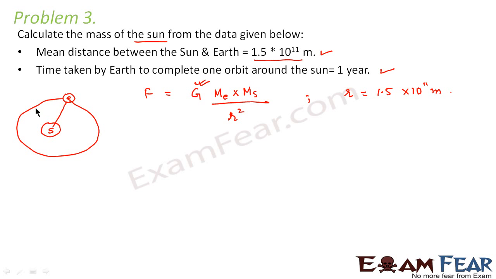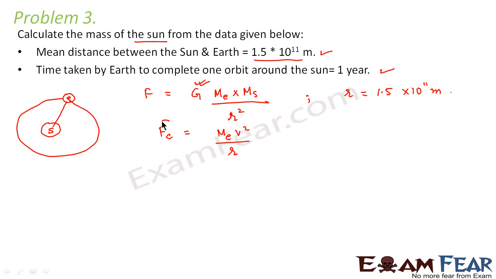Now, when the earth is moving in a circular fashion, that means there is a centripetal force acting. Whenever any object moves in a circular path, a centripetal force comes into play. The centripetal force is given by mv square by r, that means me, mass of the earth, v square divided by r. R will again be the distance between the earth and the sun.